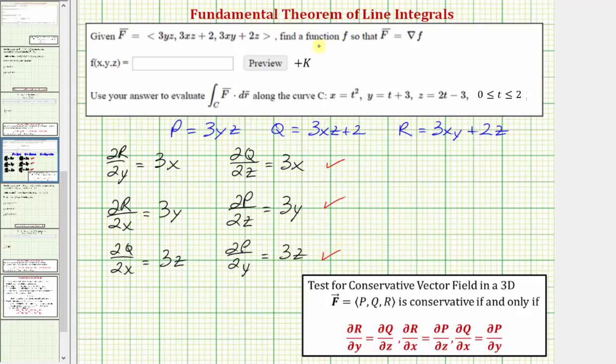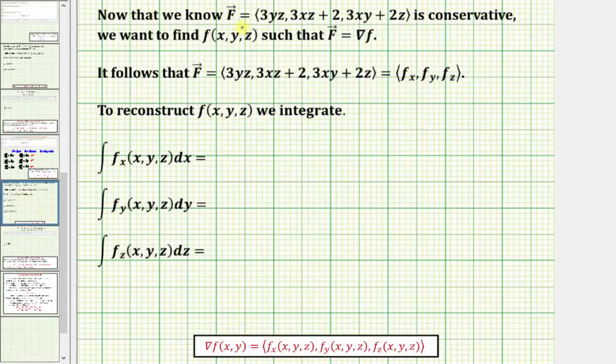Now let's work on determining the potential function little f of x, y, z. Again, we now know that the vector field is conservative, so our goal is to find the function little f of x, y, z such that the vector field F equals the gradient of little f. Remember, the gradient of f would have components: the partial of f with respect to x, the partial of f with respect to y, the partial of f with respect to z.